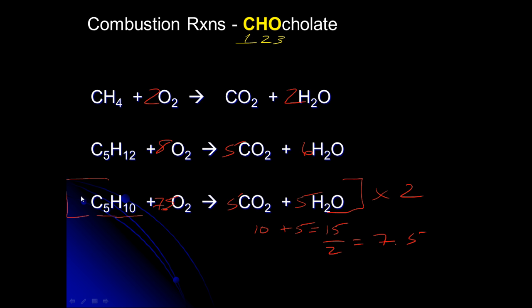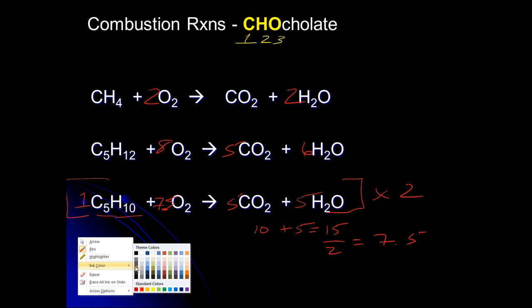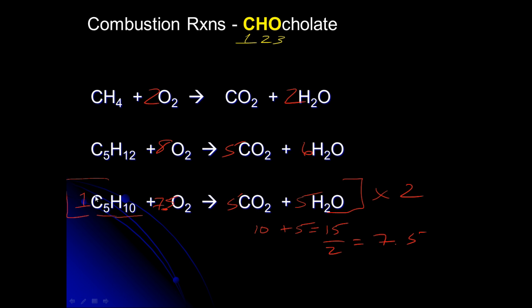So don't forget here, this is an invisible 1, so even that 1 is going to get multiplied by 2. So now if I do 2 times 1, I have 2 of this pentene molecule. 7.5 times 2 is 15. 5 times 2 is 10. And 5 times 2 is 10 again.